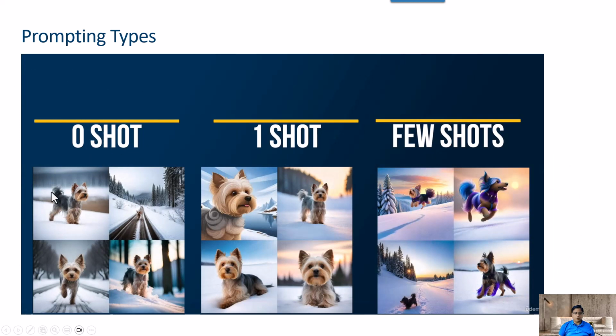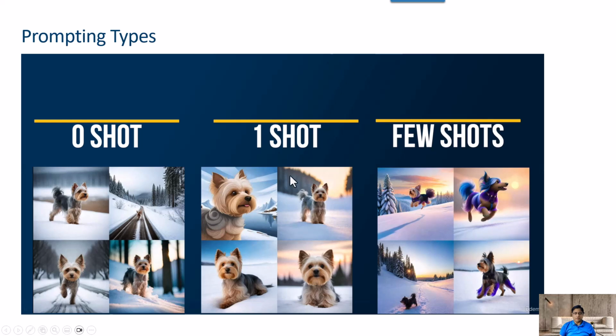So this is one example of prompting. In the zero shot prompting, if I ask how a dog looks in a certain environment, like in snow, it gives me this particular answer because it knows how to create a dog and how to create that environment. In one shot prompting, I provide the whole detail, one example of a dog, with the color of the dog, the breed of the dog, the nearby mountain.